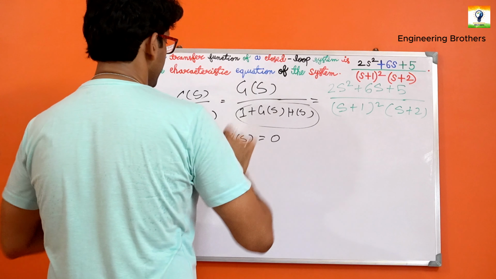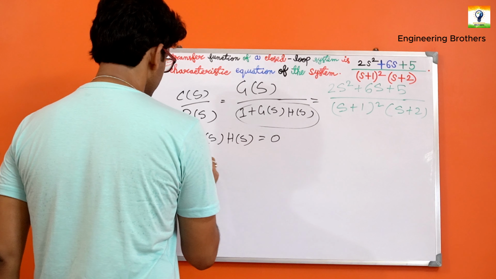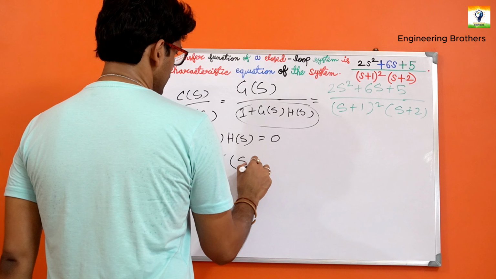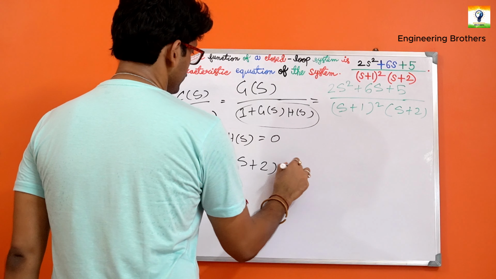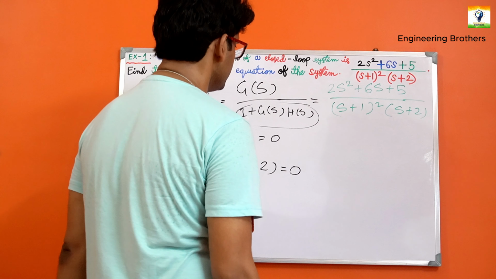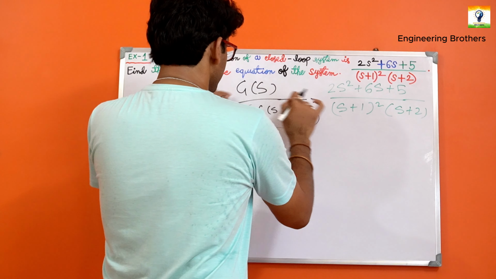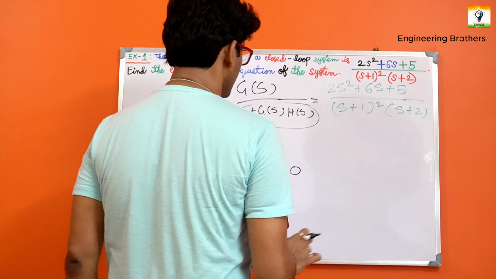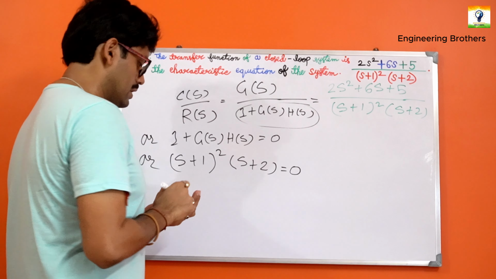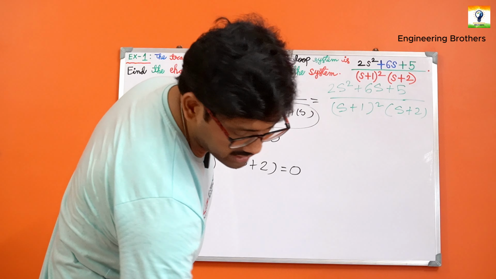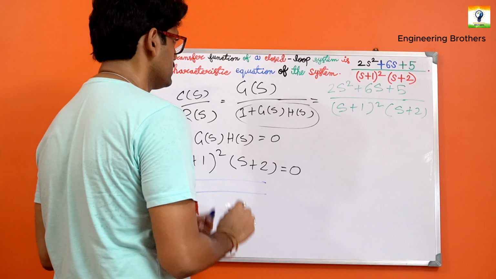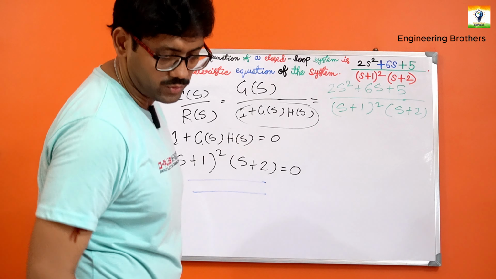That will be our given characteristic equation, (s plus 1) squared times (s plus 2) equals 0, because you can see that our denominator portion is equal to 0. This is our much needed characteristic equation, and that is going to be our first step in this case.